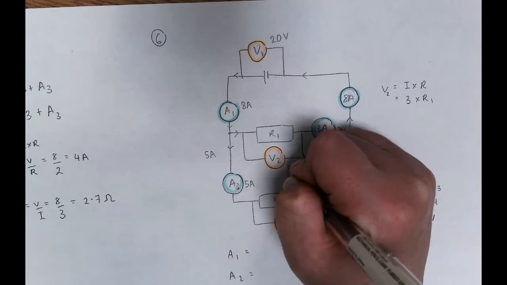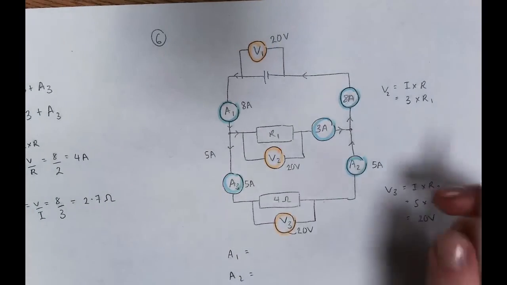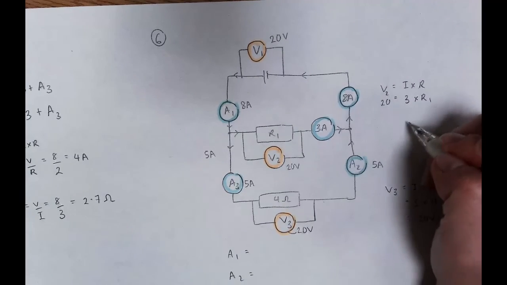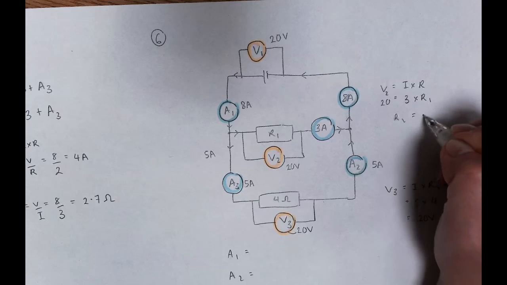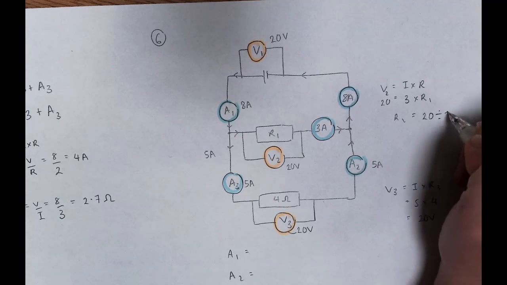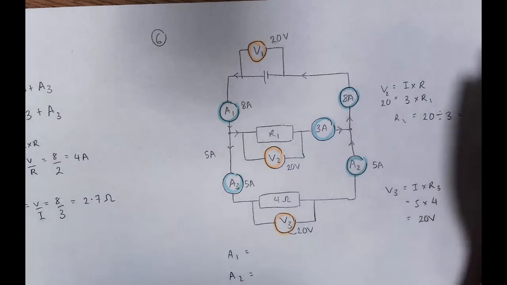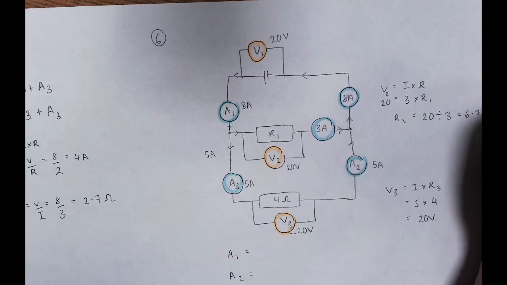So this must also be 20 volts. So now I have the value and I can rearrange for R1. And I've got about 6.7 ohms for that one.